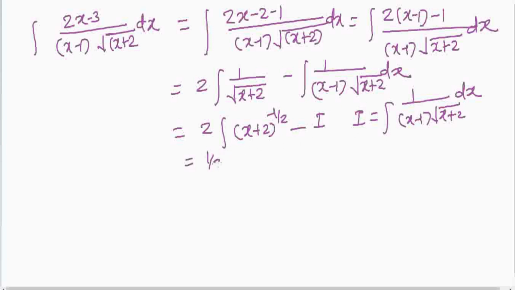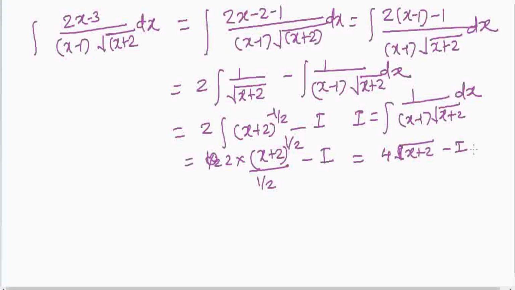This is 2 into integration of x plus 2 plus 1, so plus 1 will give 1 by 2 divided by 1 by 2, and minus I equal to 4 into under root of x plus 2, minus I. Now let us integrate this I.